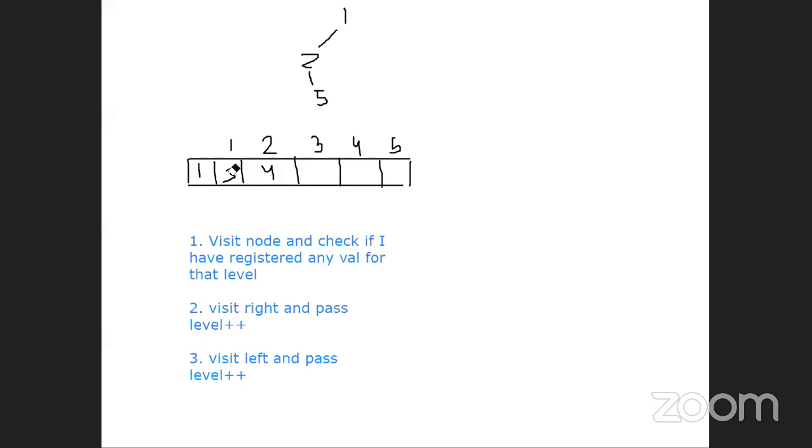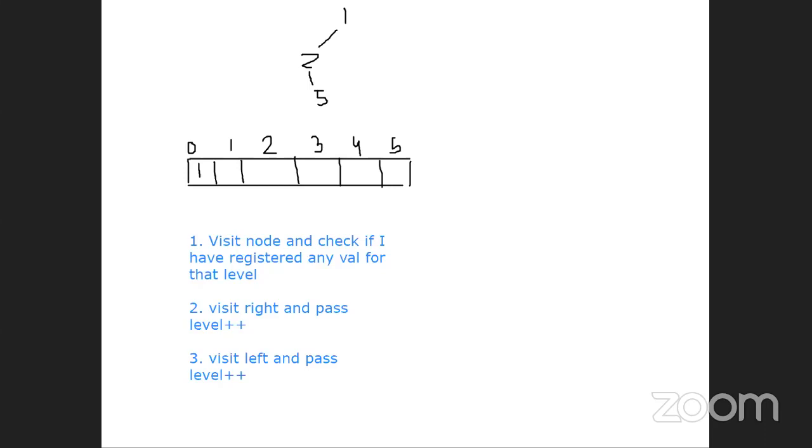Yeah. So in this list, the 0th will be the 0th level and that node, and first will be the first level and that node. It is what we have seen for the first time when we reach that level.